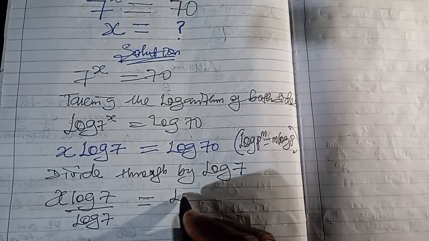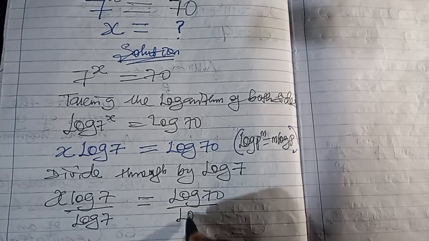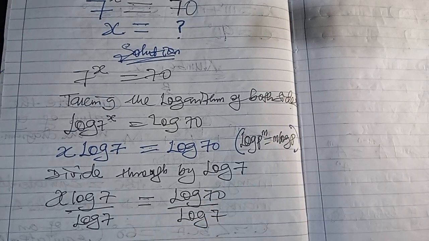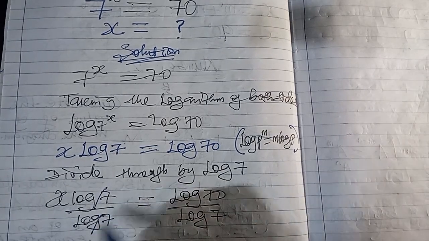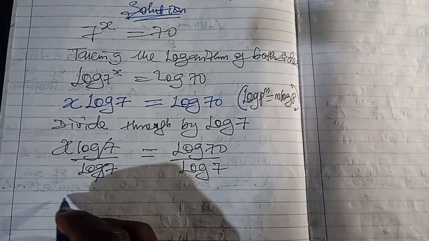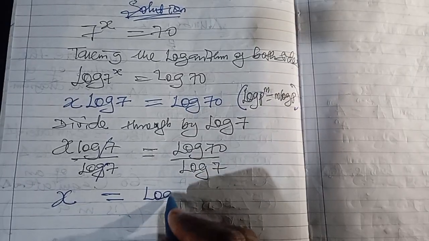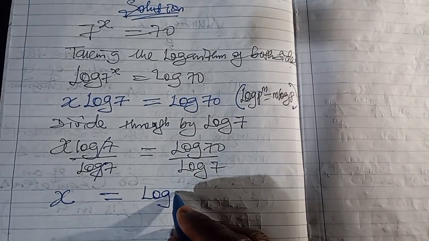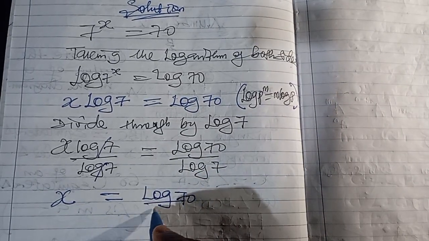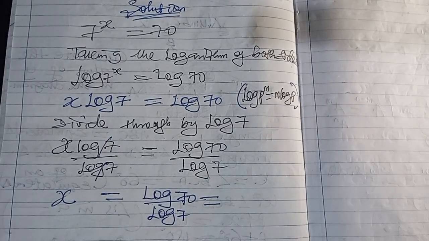This is the same as log 70 divided by log 7. And this can now cancel. We have x remaining. So x is equal to log 70 over log 7.